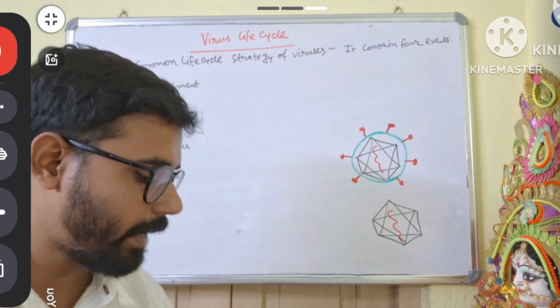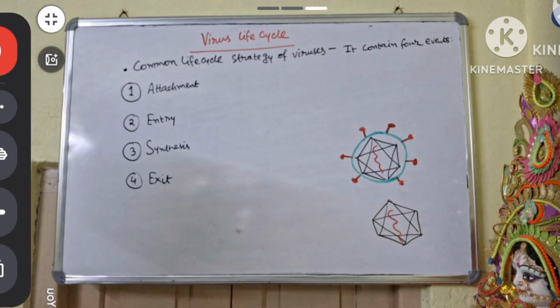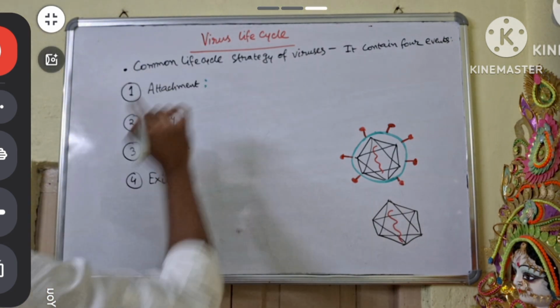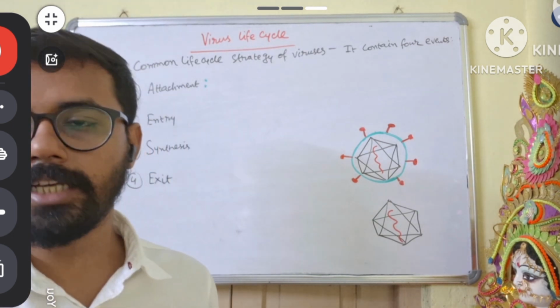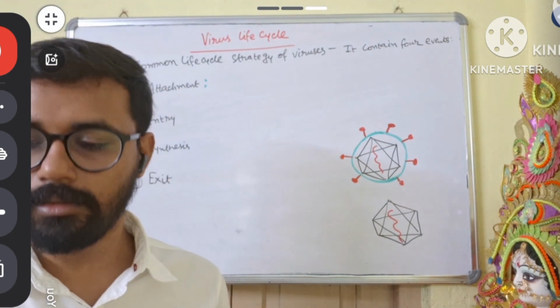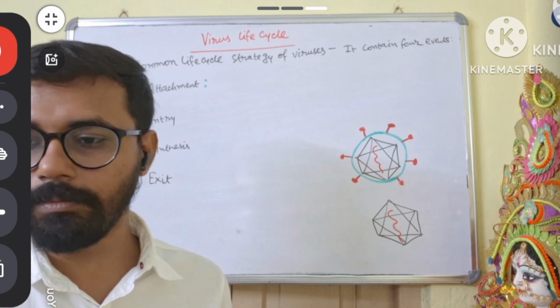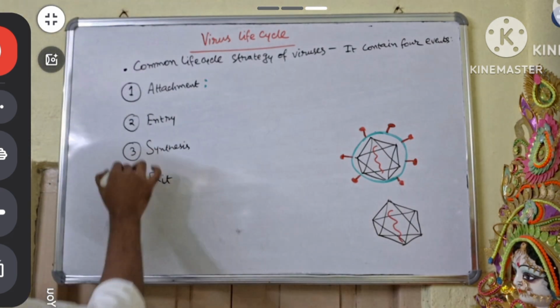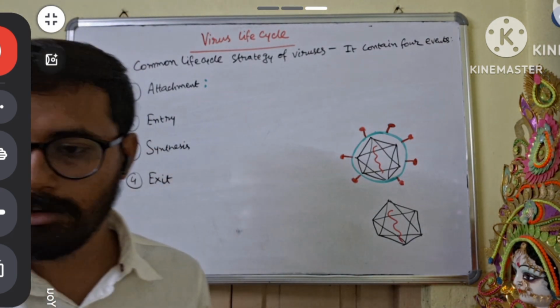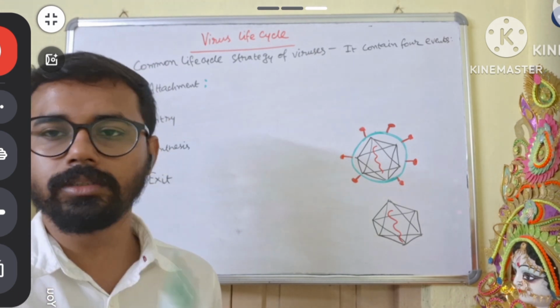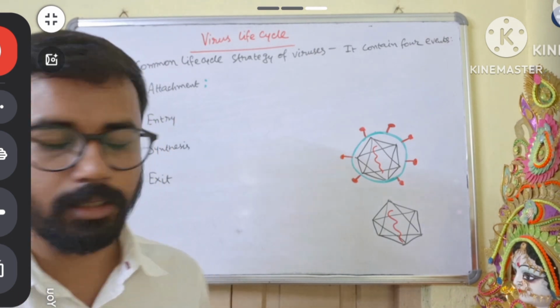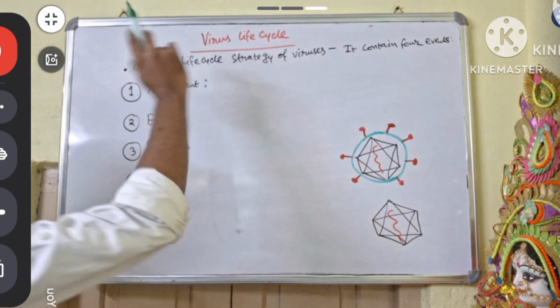Attachment is a key thing in disease establishment or the infection process, because without attachment, steps 2, 3, and 4 are obviously hampered. So step 1, the specific host attachment, is very important for any infection life cycle of viruses.